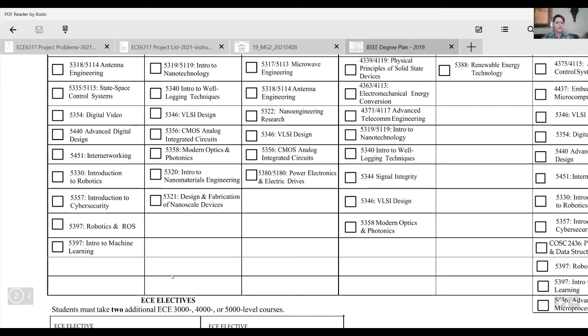Internet networking I didn't take. I took cybersecurity, great class, loved it. It's more cryptography than anything else. So you're learning about all the different encryption algorithms and how they work, how to break them, how to make them stronger. Intro to machine learning, wonderful class. There's quite a bit of coding involved.